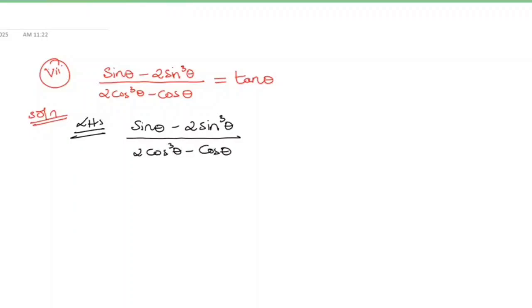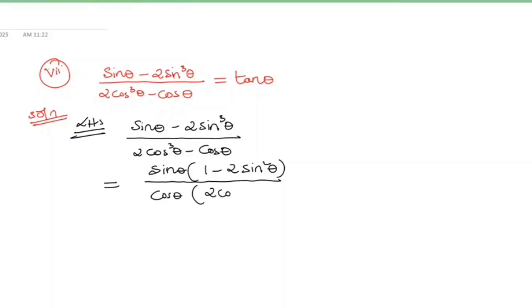Okay, so next what we can write, in the numerator we can take sin theta common, so we'll get 1 minus 2 sin square theta. Cube is there, so we'll take one sin common. Downside also we can take cos theta common, so we'll get 2 cos square theta minus 1.